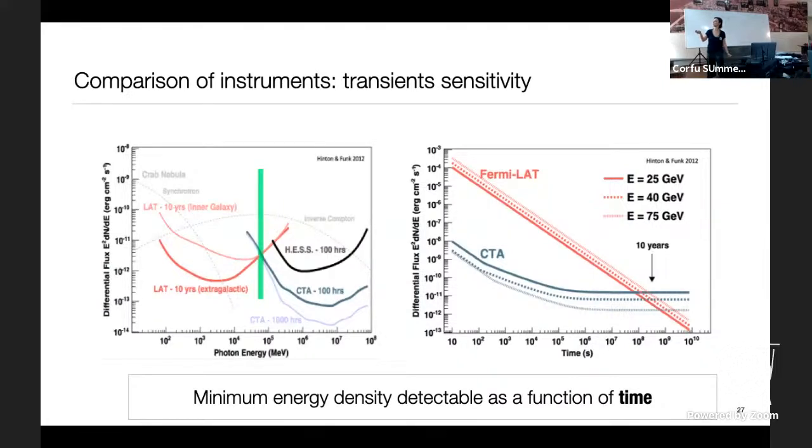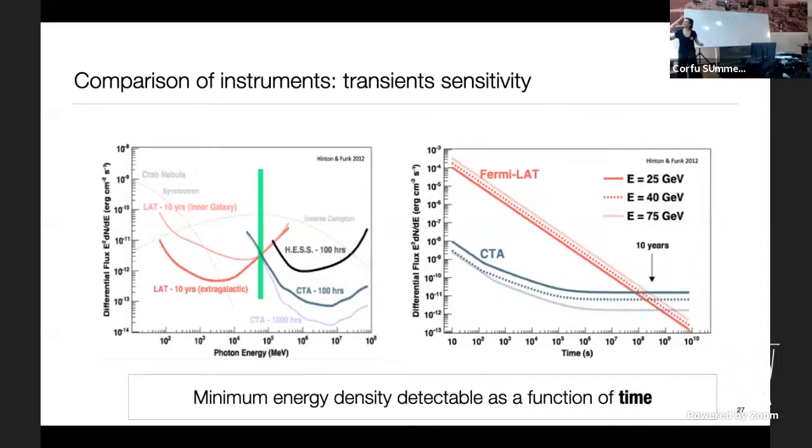Here we have the energy, but here we have the time. What does it mean? As we said before, this plot is done with 1 year, 10 years of exposure from the satellite. You see here it's written 10 years in this case.